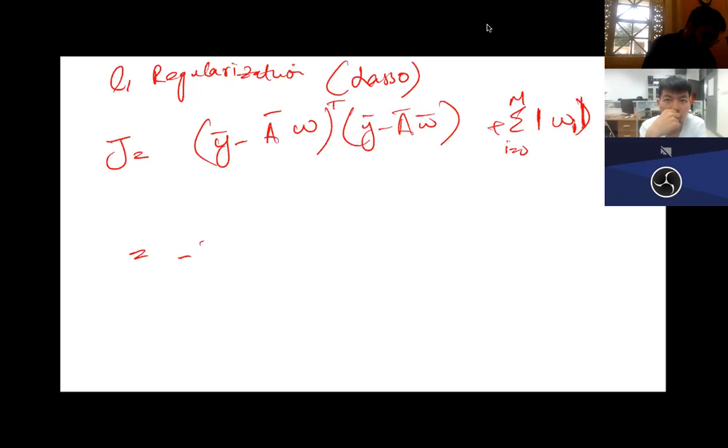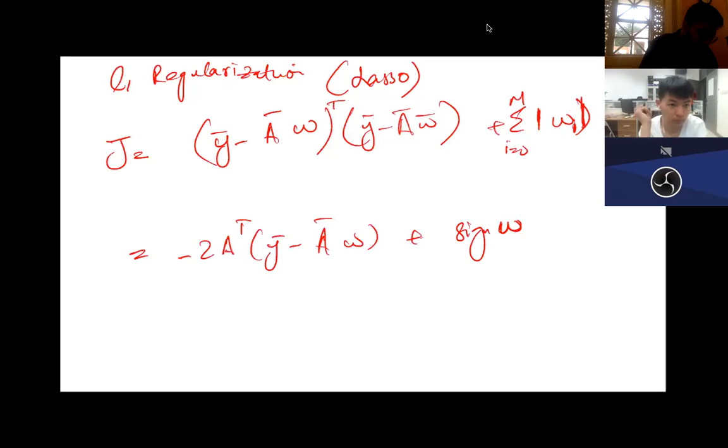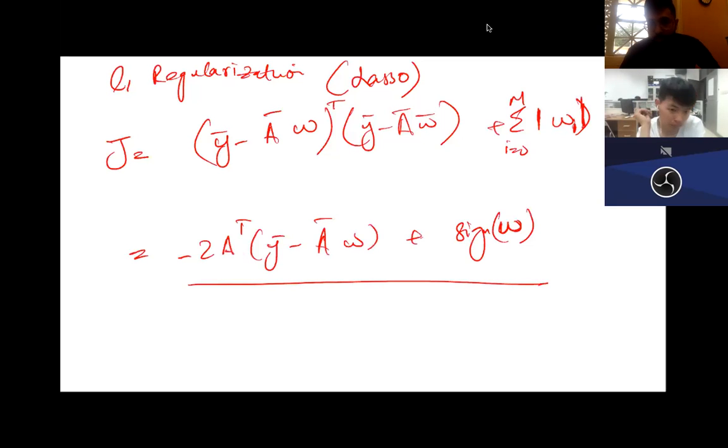It would become minus 2A transpose (y minus Aw) plus the sign of the vector w, the sign function, because it's either plus 1 or minus 1 depending on where you are. We cannot find a closed form solution for this because it's not a well-defined function. It's a discontinuous function. But you can use iterative techniques to solve it, and we will see them in day 6. This is just another way of looking into it.